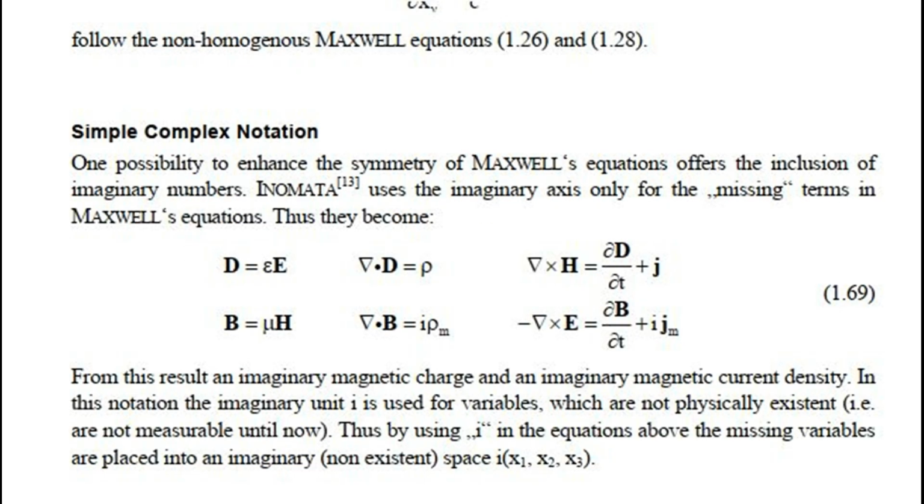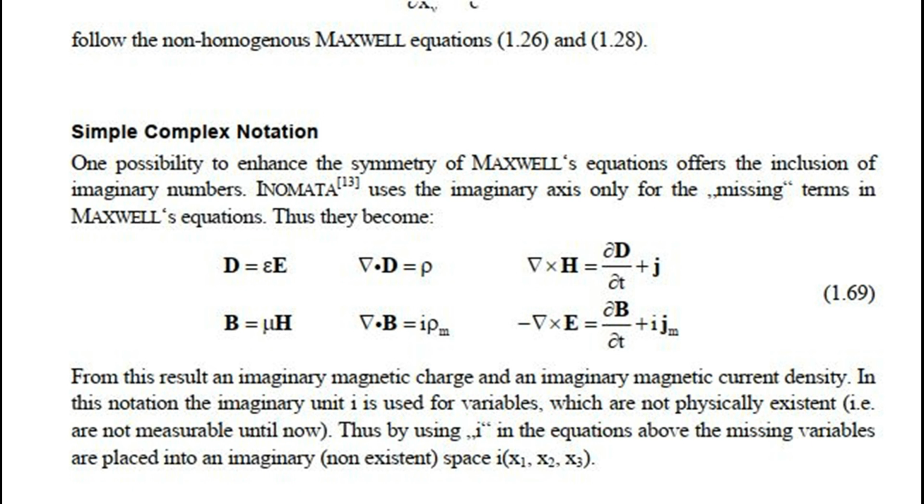Simple complex notation. One possibility to enhance the symmetry of Maxwell's equations offers the inclusion of imaginary numbers. This notation uses the imaginary axis only for the missing terms in Maxwell's equations. From this result an imaginary magnetic charge and an imaginary magnetic current density.